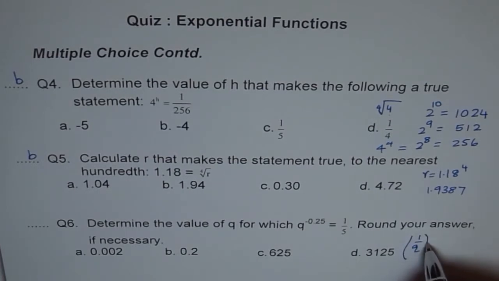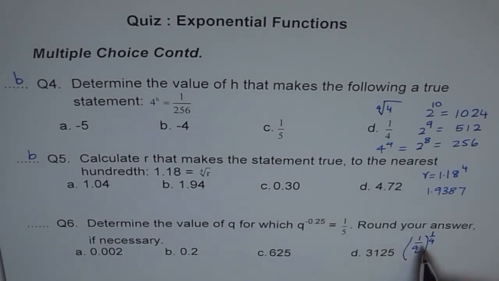And 0.25 is a quarter, 1/4. So we can translate this equation as 1 over q to the power of 1/4 is 1 over 5. So 1 over q should be the 4th power of this.